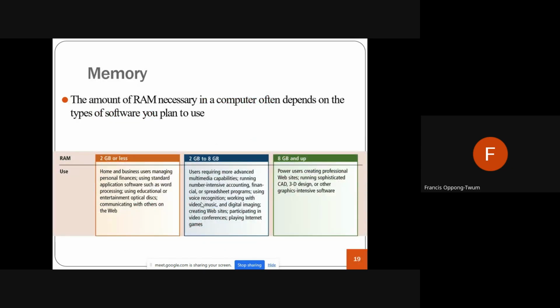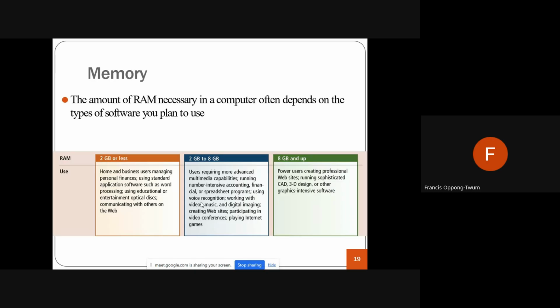And we are saying that the amount of RAM in your computer often depends on the type of software that you plan to use. So you can decide to have a computer with 2 gig or less, or 2 gig to 8 gig, or 8 gig and up. And it depends on the applications that you want to run. If you are using the computer for normal learning, like reading, Microsoft Word, Excel, and teaching, then 8 gig of RAM will be acceptable.